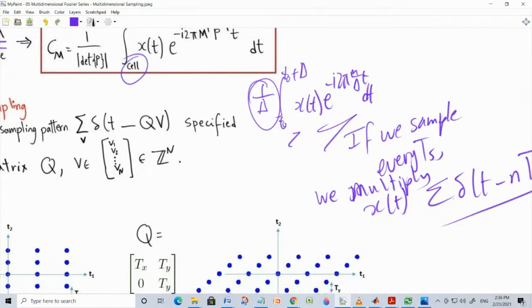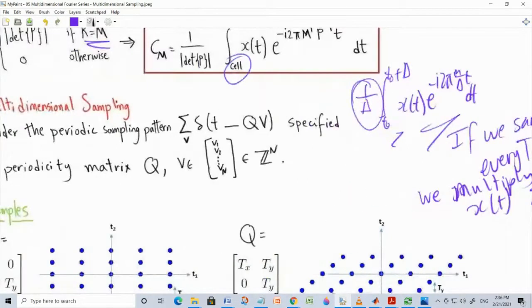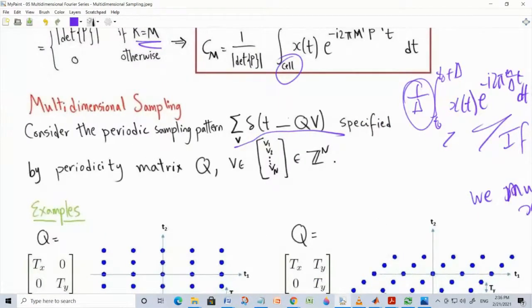Now our signal is multidimensional, so we will multiply by Dirac deltas, but those Dirac deltas have a pattern. They exist in the n-dimensional space in a pattern that is specified by a matrix Q, and V is a vector in the n-dimensional space.